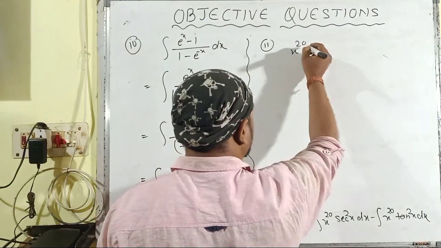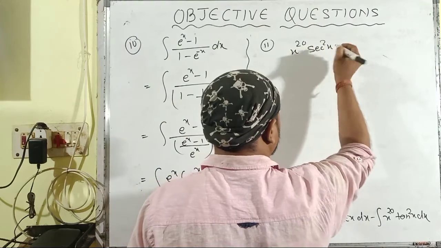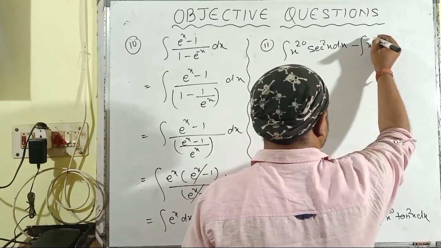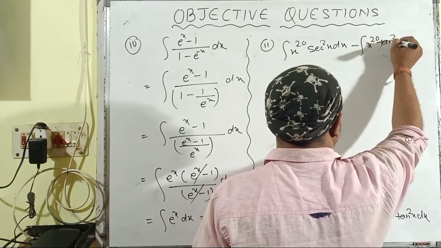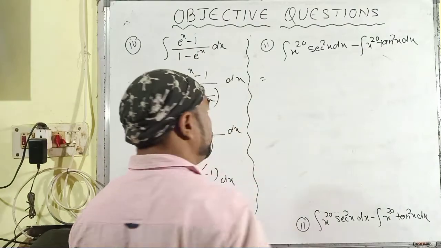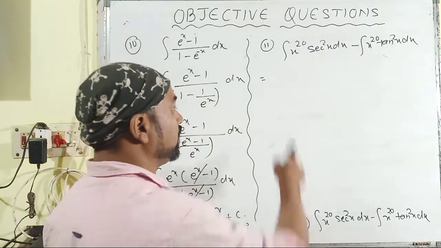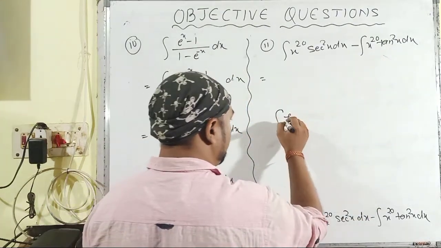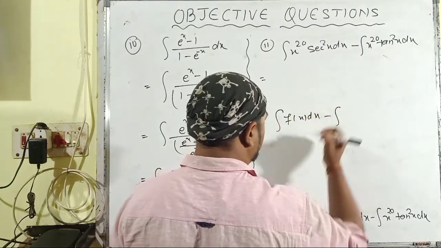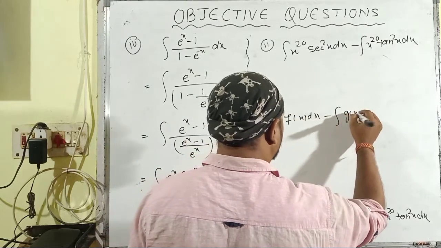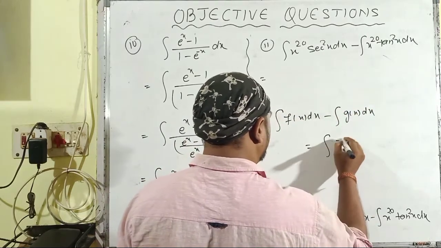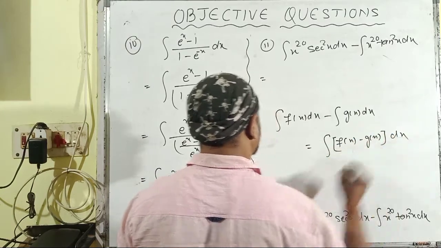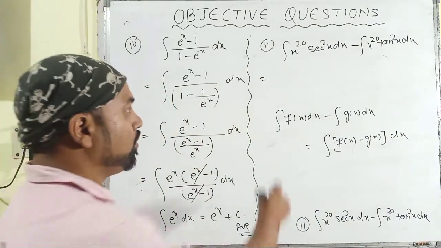The integral of x to the power 20 sec square x dx minus x to the power 20 tan square x dx. By using the algebra of integration, the integral of f of x minus the integral of g of x, so this is the algebra of integration we have to use here.